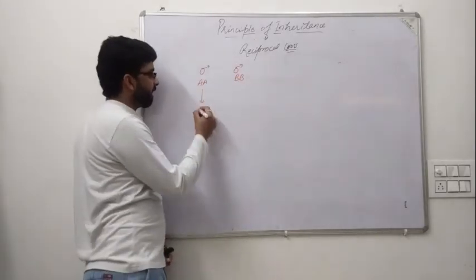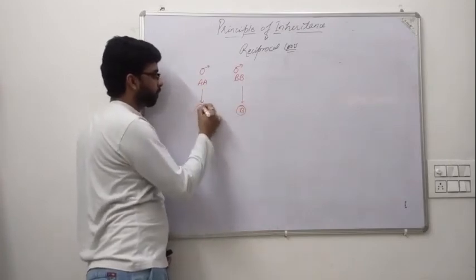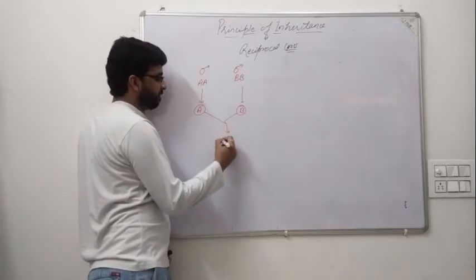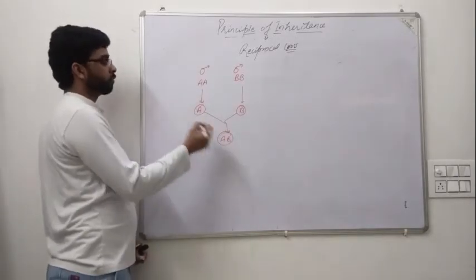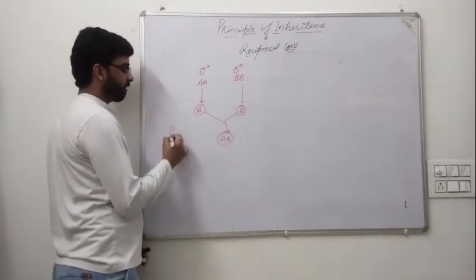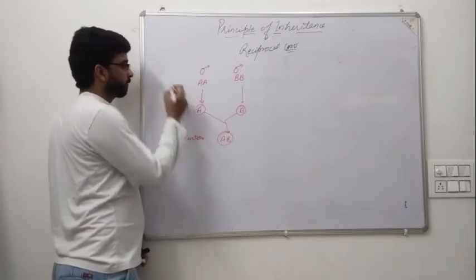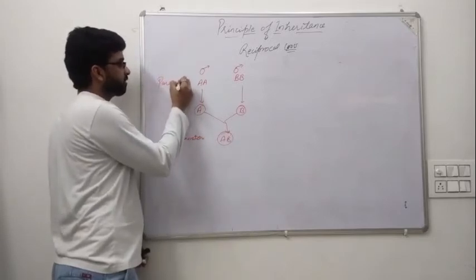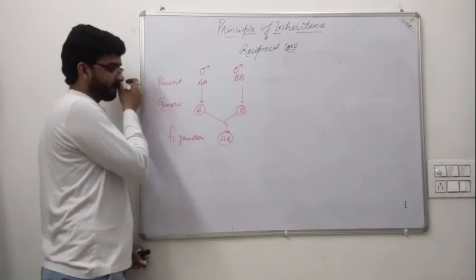The gametes are A and B, and the F1 generation is AB. AA is a female, and BB is a male. Then the gametes are A and B, and the cross gives the F1 generation AB.